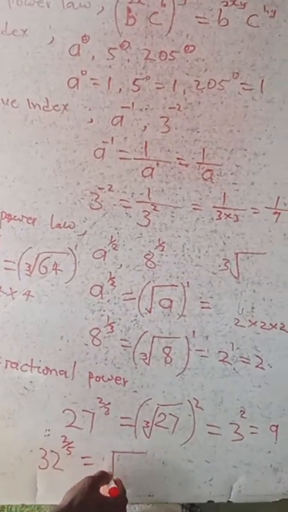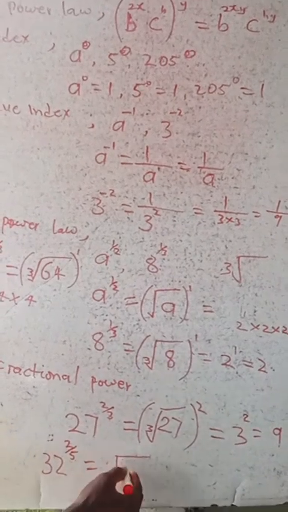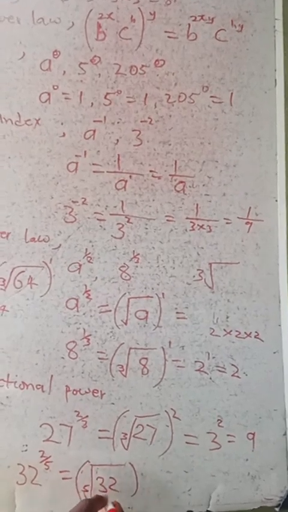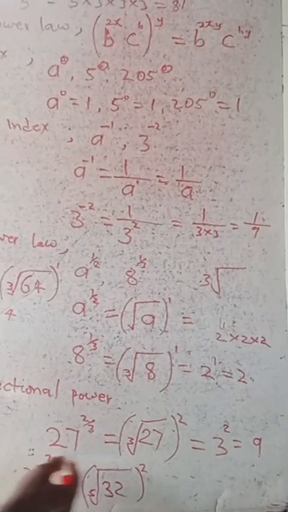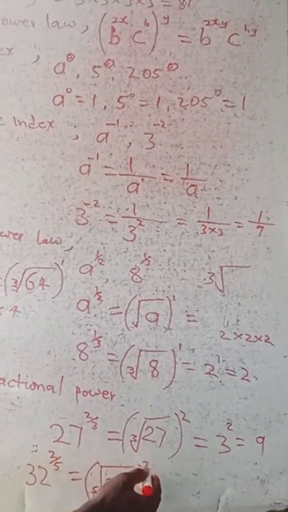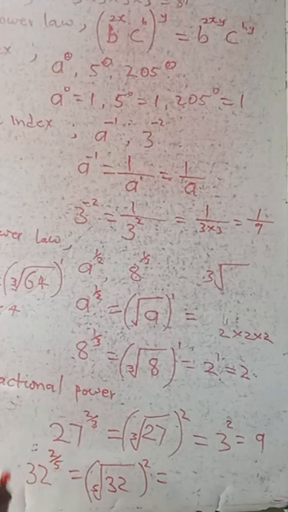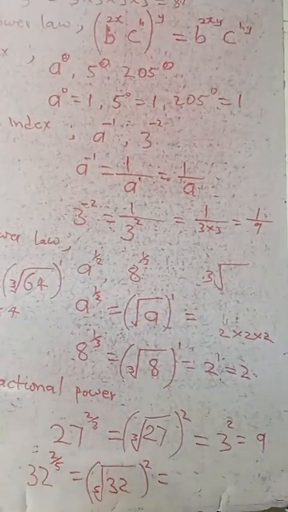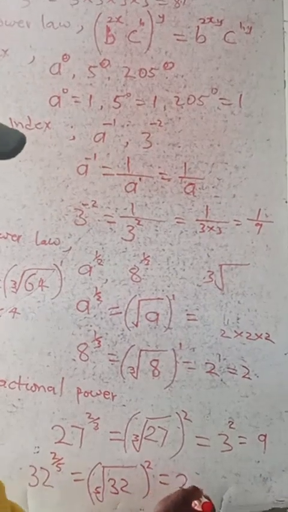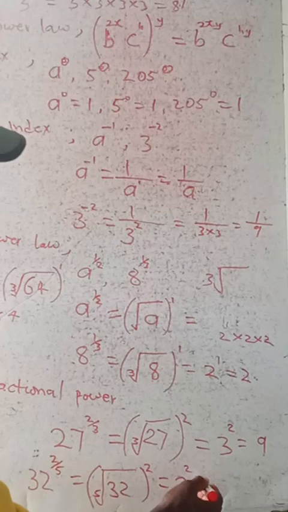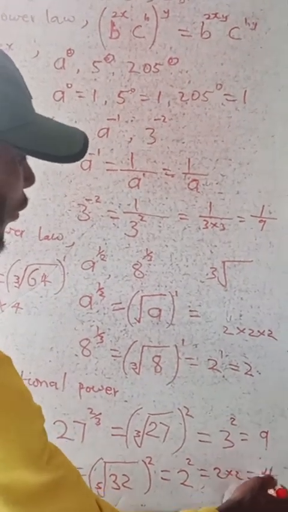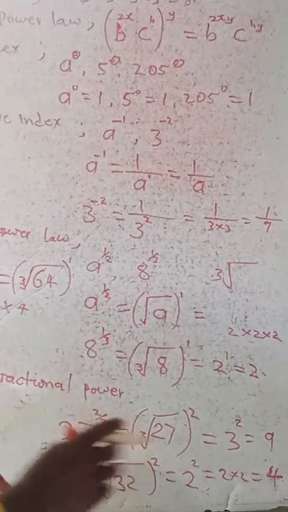So we'll write fifth root of 32, then put our bracket and write raised to power 2. The numerator we write as power here. Then it means what number can multiply itself 5 times to give you 32? I think it's 2. So 2 raised to power 2, which means 2 times 2, and 2 times 2 is 4. That's how it is.